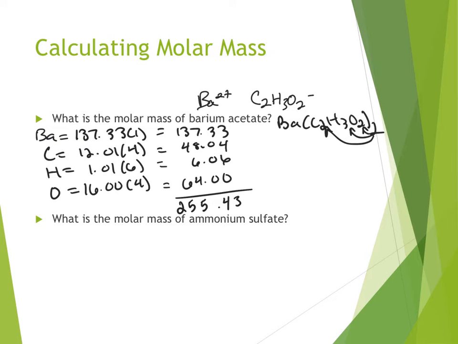Yeah, 255.43 grams is going to be the mass of 1 mole of barium acetate. Okay, so that's how you add up molar mass.